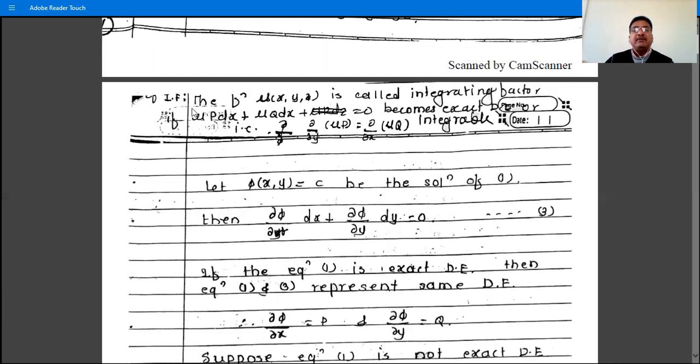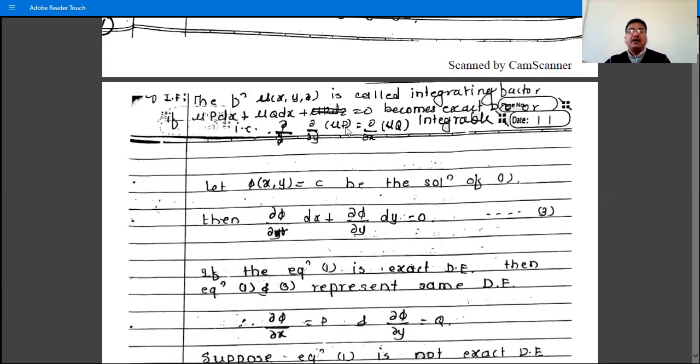So we know that the equation is integrable if the derivative of the coefficient of dx with respect to y, and the derivative of the coefficient of dy with respect to x, are both the same.